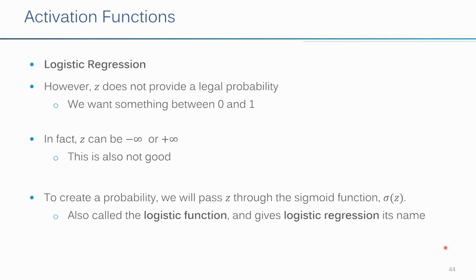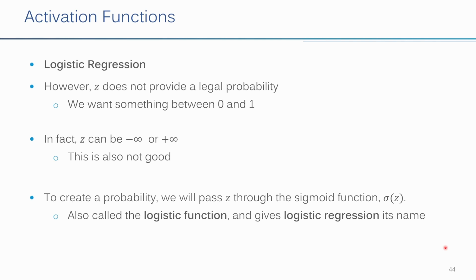Let's say the closer this value is to 0, the most likely it is not from a given class. Let's say 0 is the negative class and 1 is the positive class.